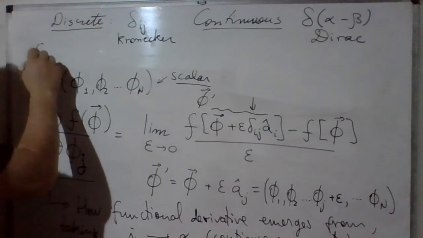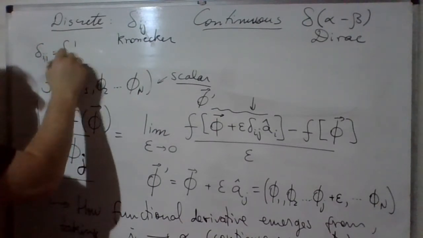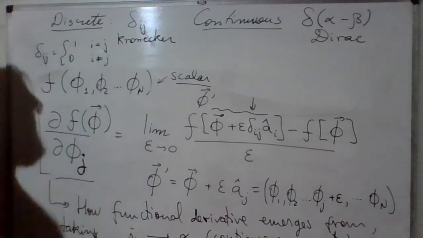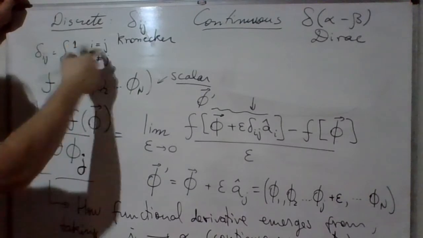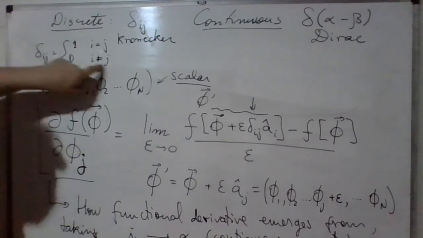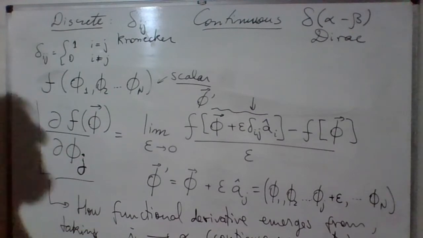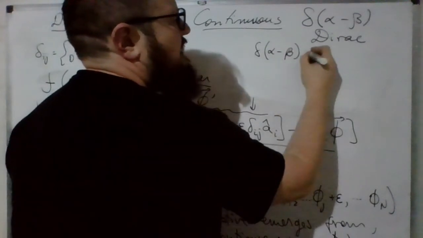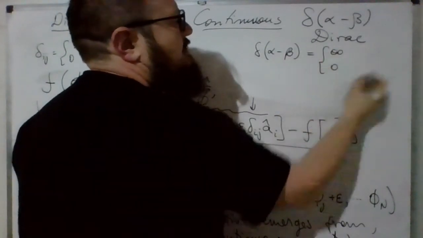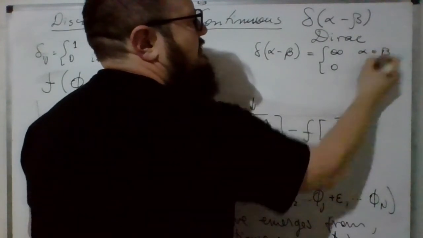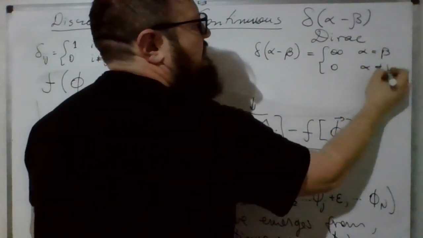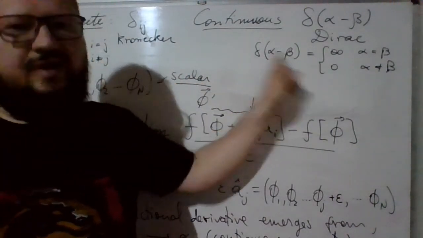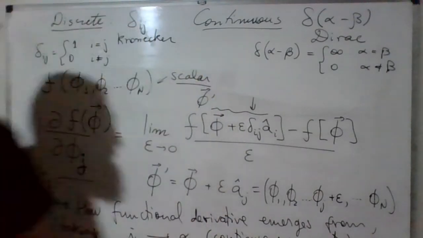Remember, the Kronecker is 1 if I equals j, or 0 if I is distinct from j. And here you have something like infinite or 0 for alpha equals beta or alpha distinct from beta. So this diverges at exactly the point where alpha equals beta.